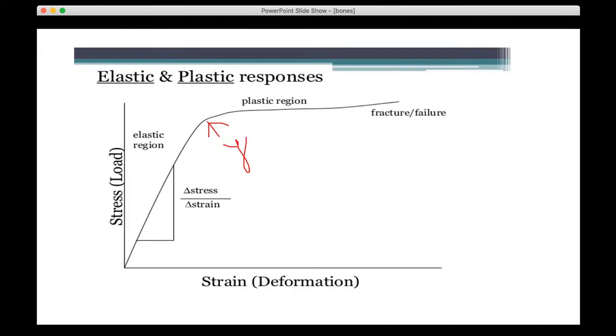It is just like an elastic. Think of a rubber band. When you stretch a rubber band, it can go back to its original position. Okay. So up to this point, bone will have this property, but up to this point only, up to Y.